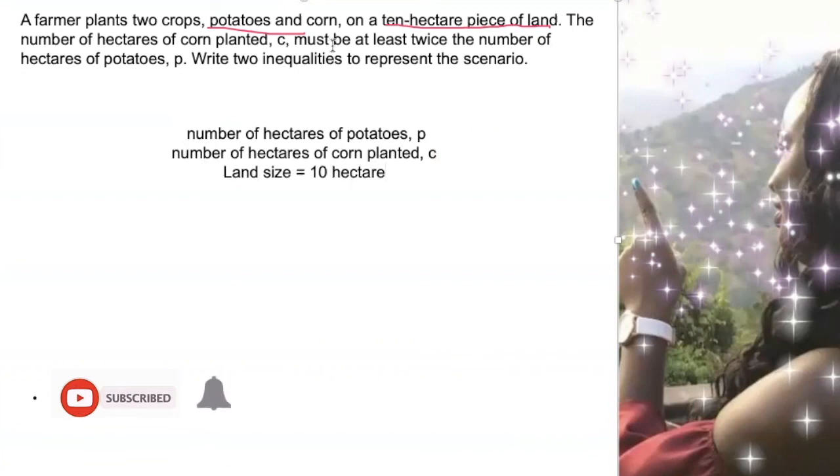That's important. So how are we going to get the inequality? First information is that two crops, potatoes and corn, on a 10-hectare land. So here I can see planting the corn and planting the potato can take up the entire land.